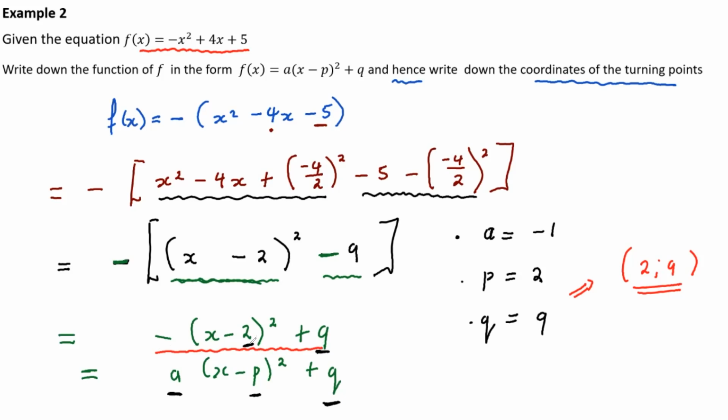Again, if you were to open up the brackets, you'd get exactly to that particular point. So from the standard form to the turning point format, you complete the square. From the turning point format to the standard form, all you're doing is opening up the brackets and foiling, adding, subtracting. That's just your algebra right there.